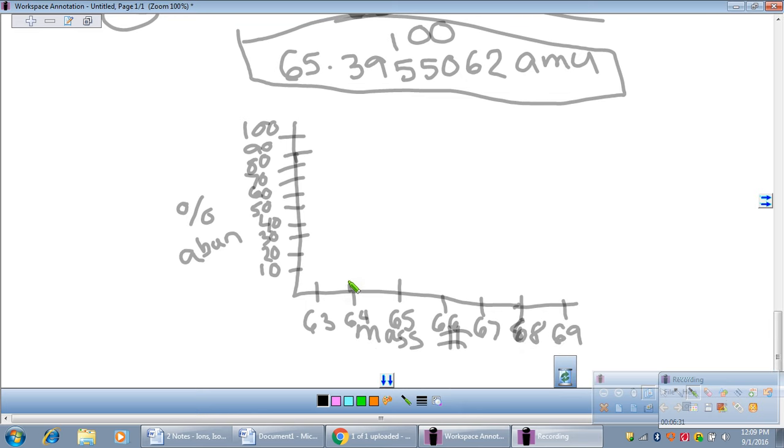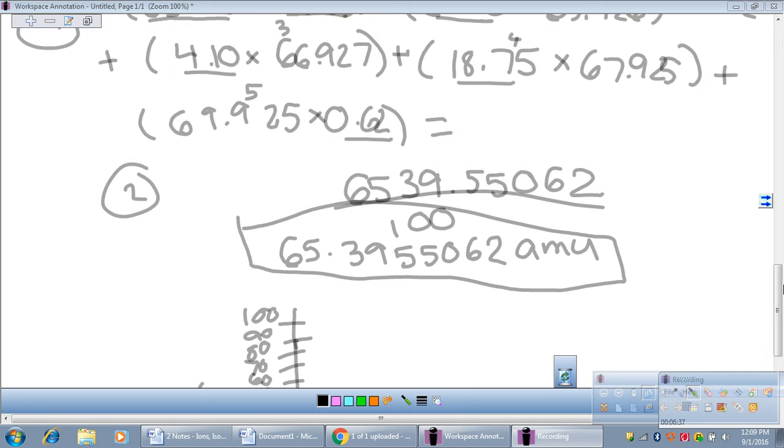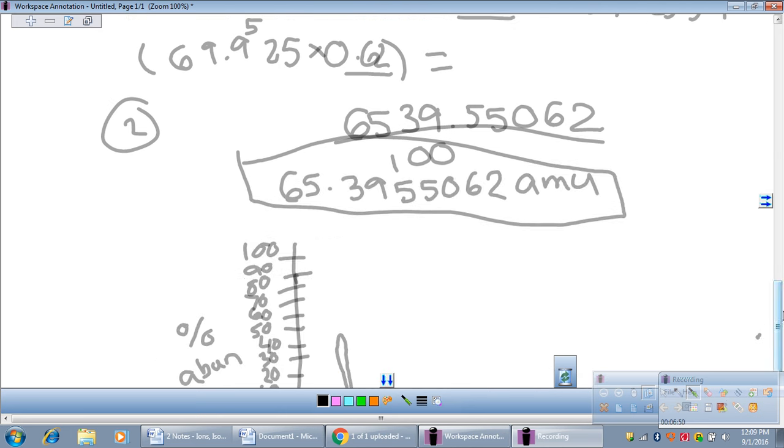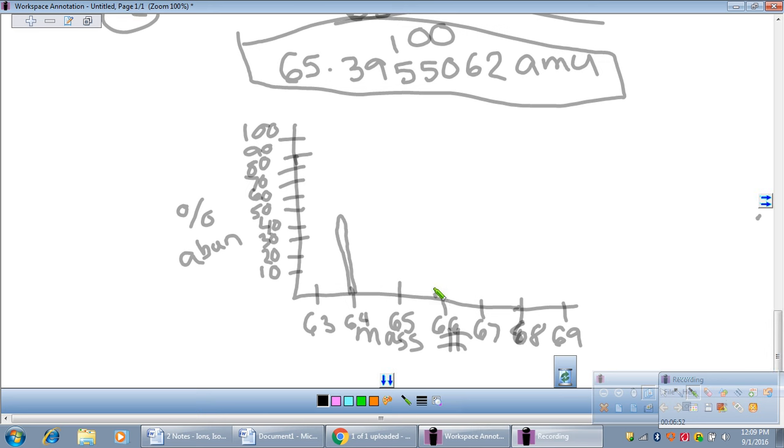So from 64, I'm going to go up to almost 50, and there's my peak. So that's for my first isotope. My second isotope is 65.9, so I'm going to draw the peak at 66. The percent is about 28. So I'll draw that here.